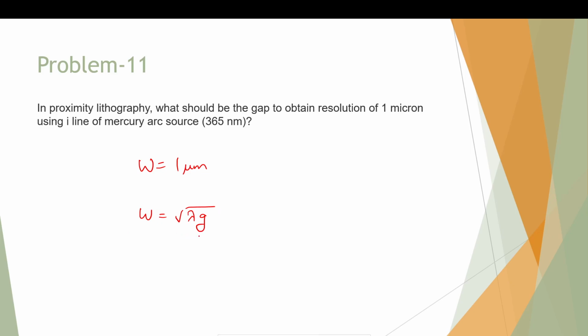Just by using this formula, we can get the gap: g should be W square by lambda, whole root. W is given to be 1 micron, lambda is given to be 365 nanometers. So from this we can get the gap. Again, just formula substitution.